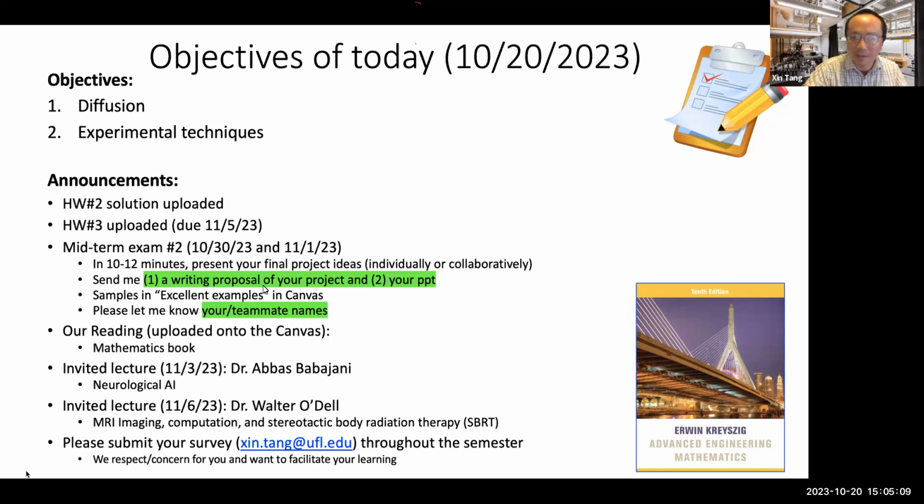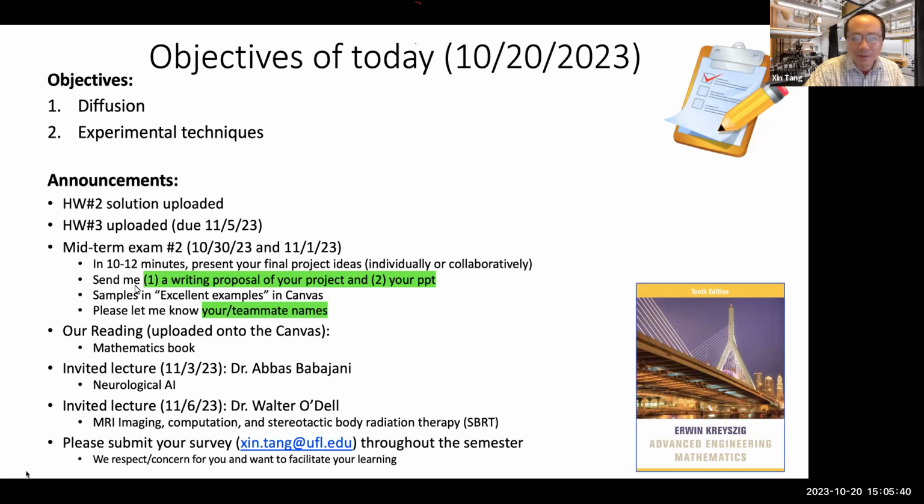Then I will give you comments that will help you revise it in the time to come. Then, after your revision, you gradually develop it as you develop your final project. Then this proposal will become the final report you can send to me. So this is a chance for me to help you revise your writing draft.